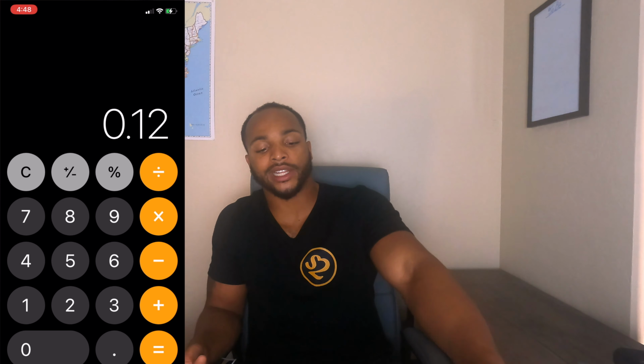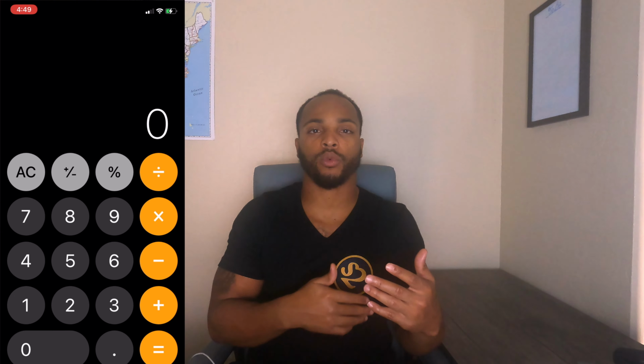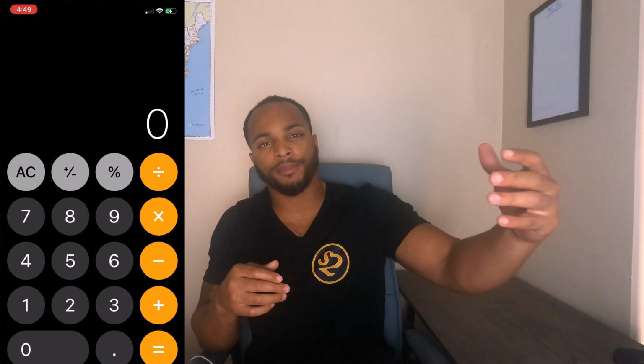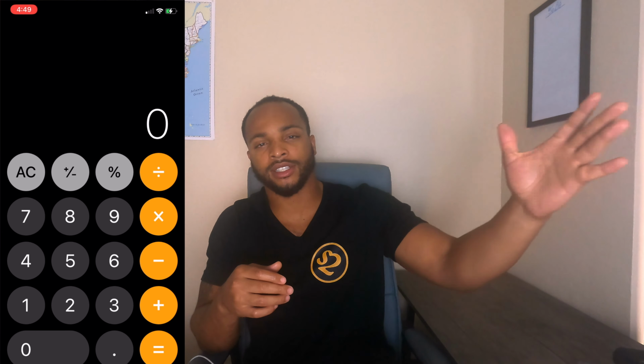Let's start this back over. So cash on cash return, if somebody asks you what's the cash on cash return, you'll simply take the gross income per year, which is, for example, the 12,000 you saw in the example, and divide it by the $100,000.